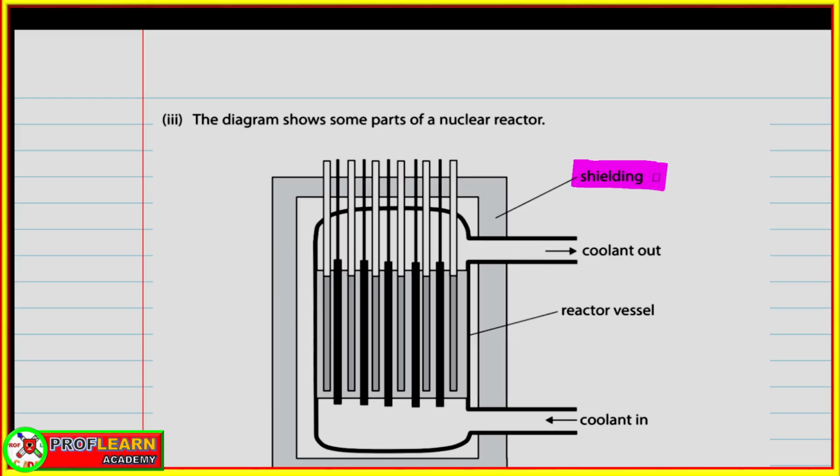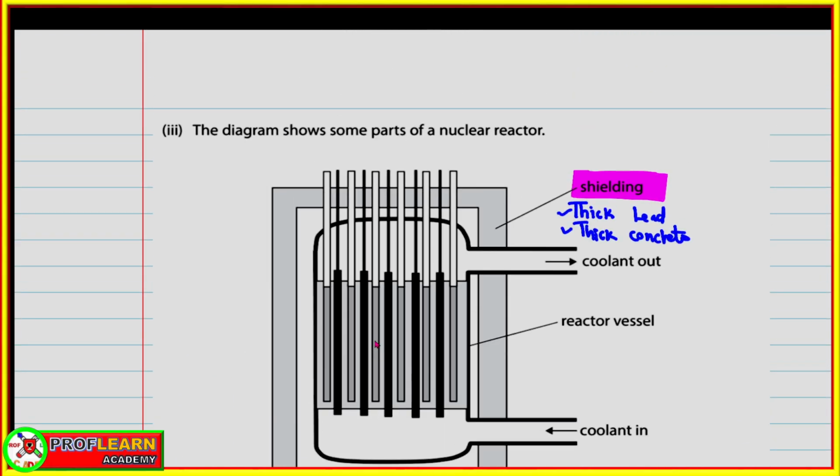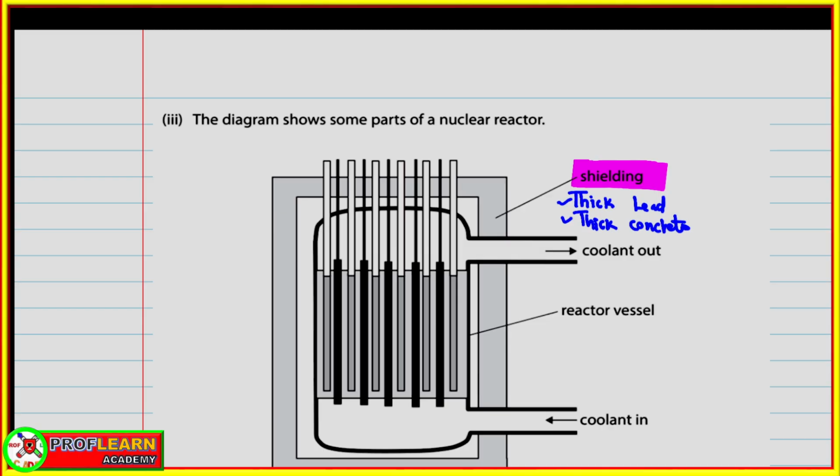Next, the question was testing the purpose of shielding. Remember, shielding is made of thick lead and also it can be made of thick concrete. We know there is a lot of radiation given out from this nuclear reactor.